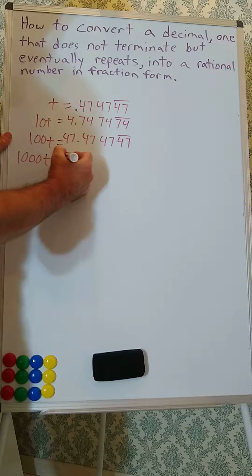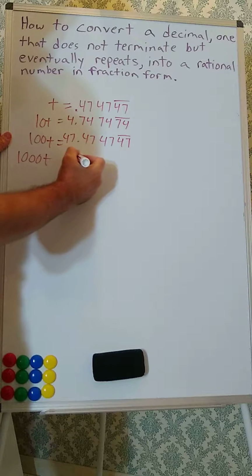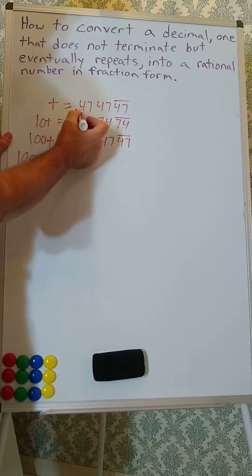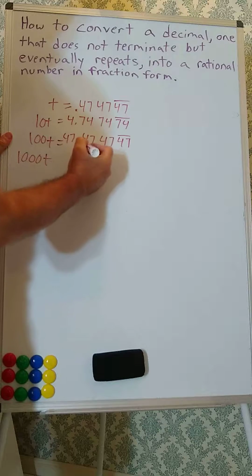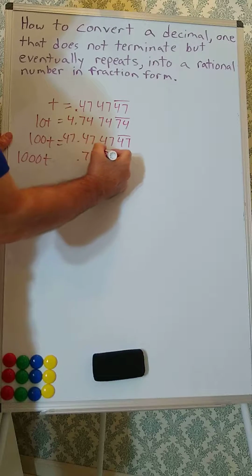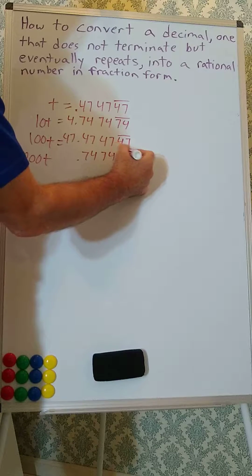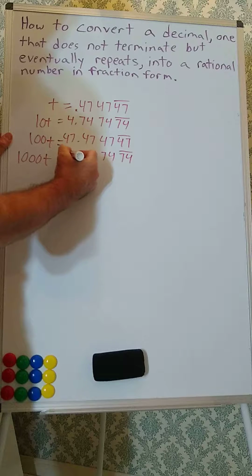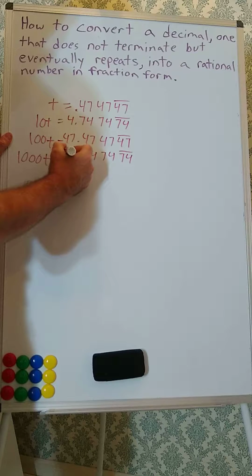So we'll get 474.7474. We've got to make sure the place values are lined up, so ones with ones, tens with tens, and then here's the hundreds.